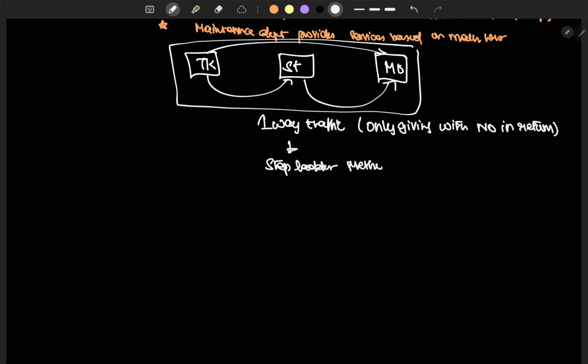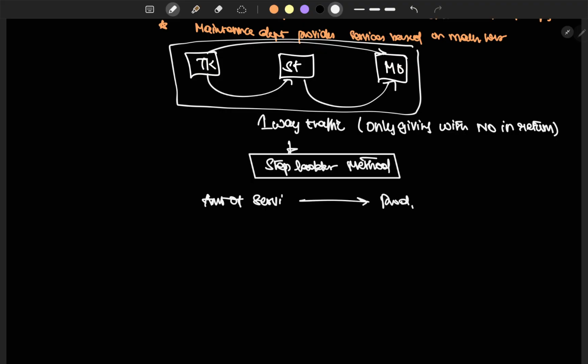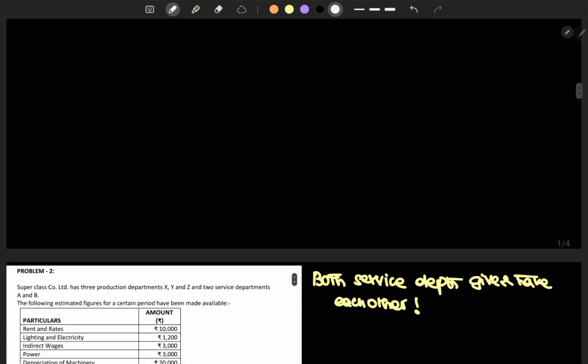With this stepladder method, we can apportion the amounts of service departments to production departments, right? How does this work?